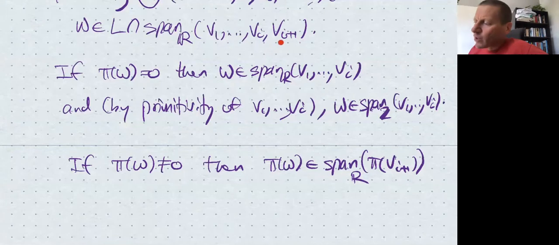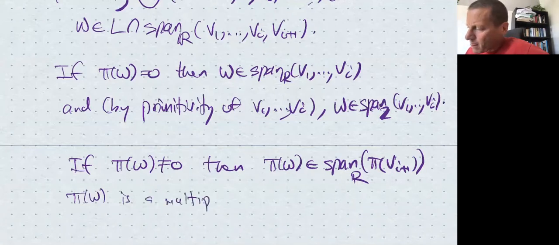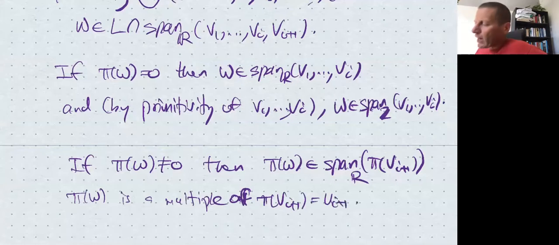But what is v_{i+1}? v_{i+1} is the shortest representative of something projecting onto u_{i+1}, where u_{i+1} is the shortest nonzero element in pi of L. So pi of w is a multiple of pi of v_{i+1}, which is u_{i+1}. So pi of w is k u_{i+1} for some k.